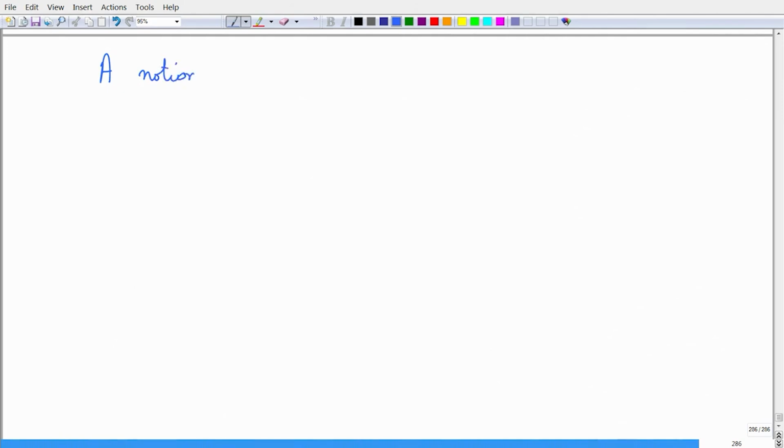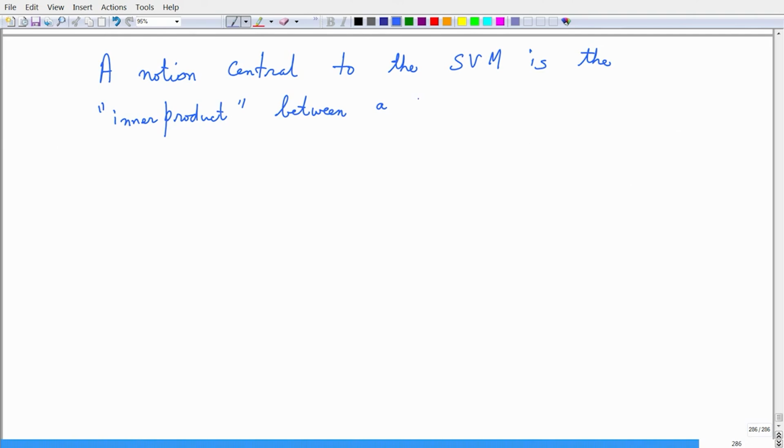A notion central to the SVM is the computation of the inner product between a support vector xi and a vector drawn from the input space.